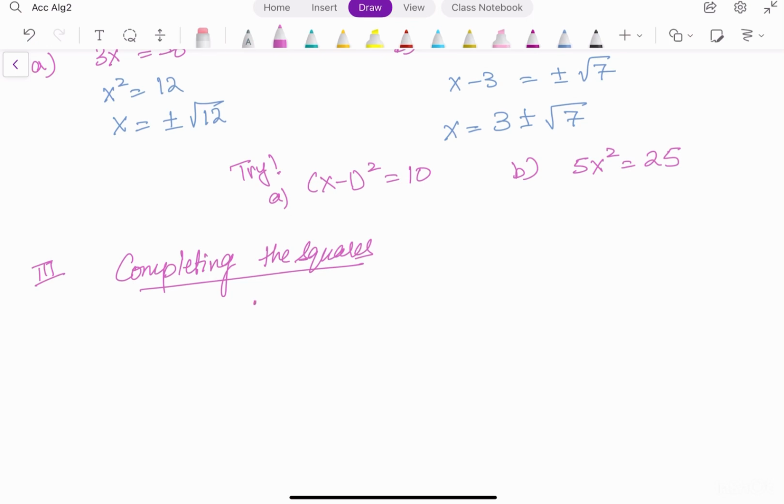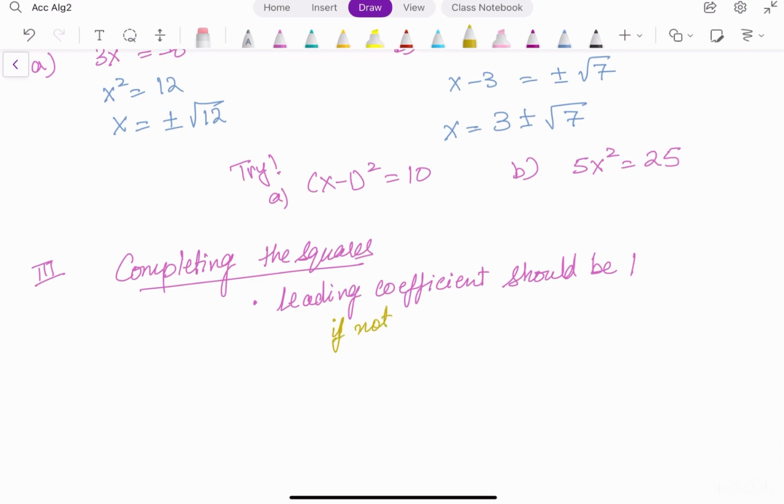The few things that you need to keep in mind is that the leading coefficient should always be 1. And if it is not 1, then you can make it 1 by dividing the entire equation by the leading coefficient. That is the prerequisite for completing the square.